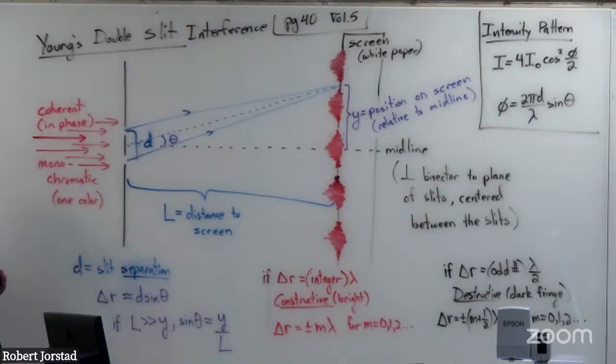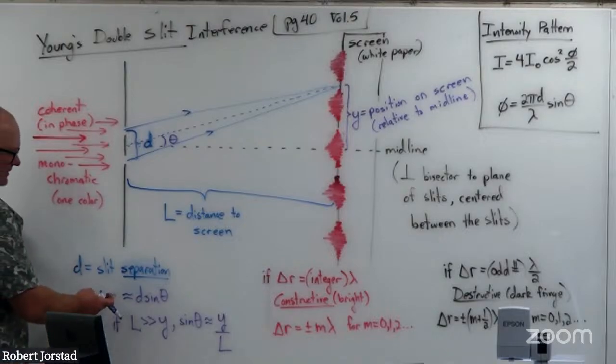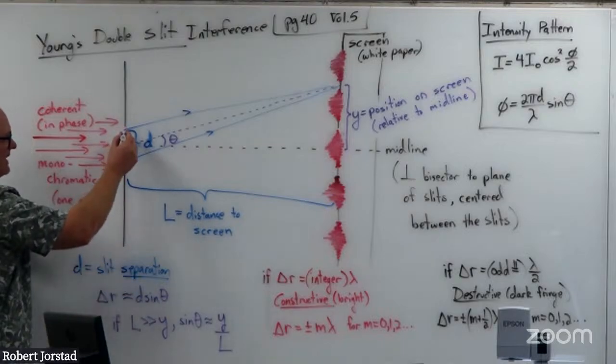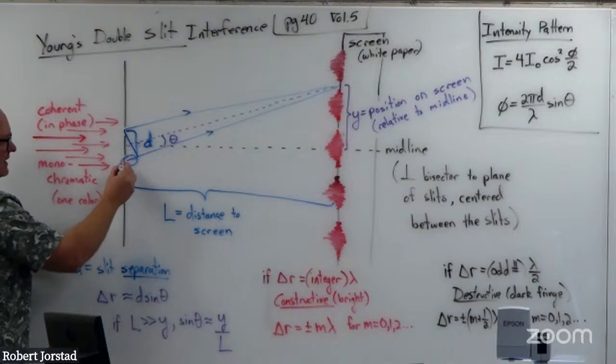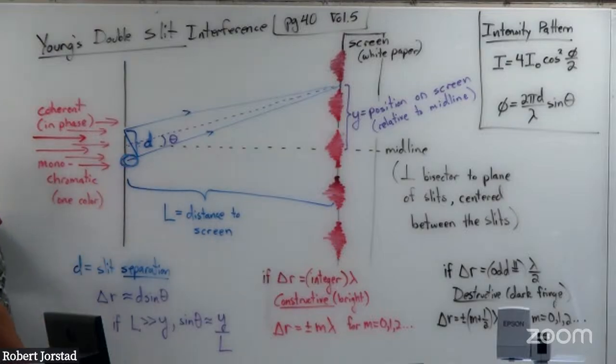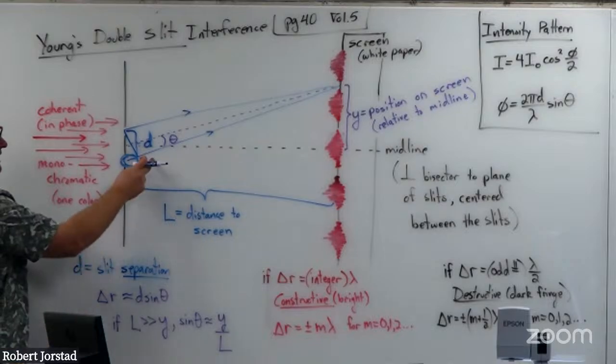We're going to make an approximation here: the change in distance is approximately d sine theta. If I take this piece right here and blow it up, we see that this little chunk is how much extra distance this ray travels.